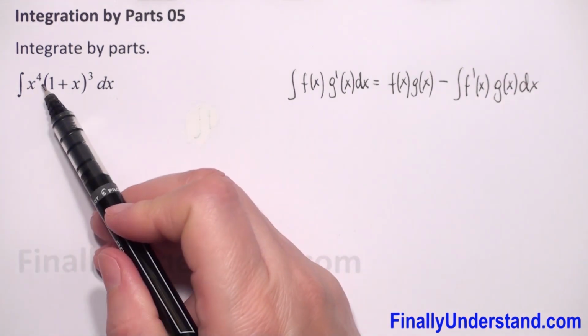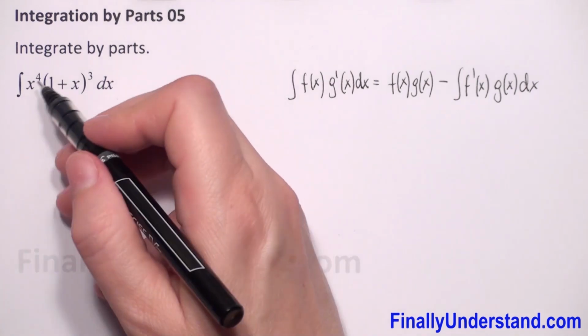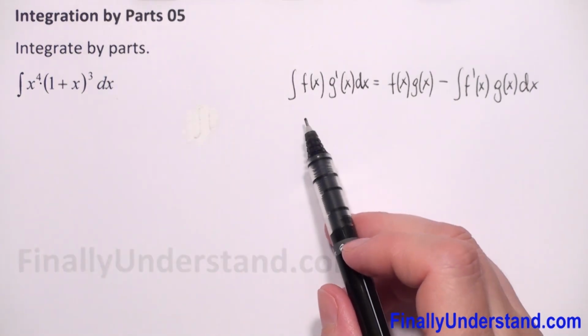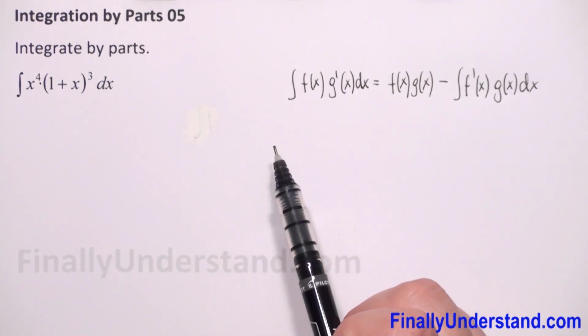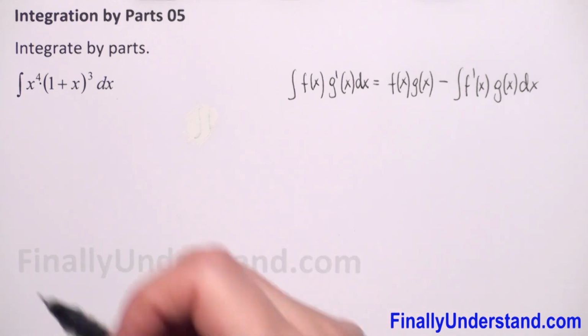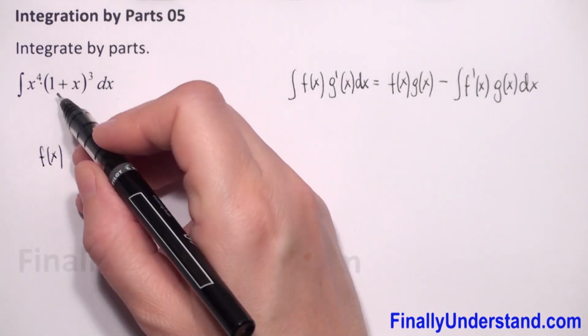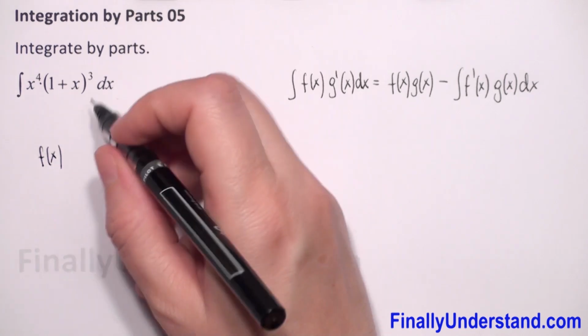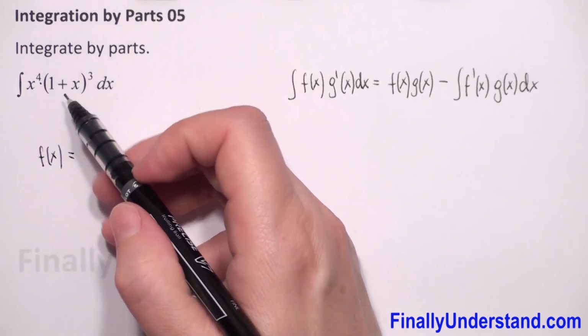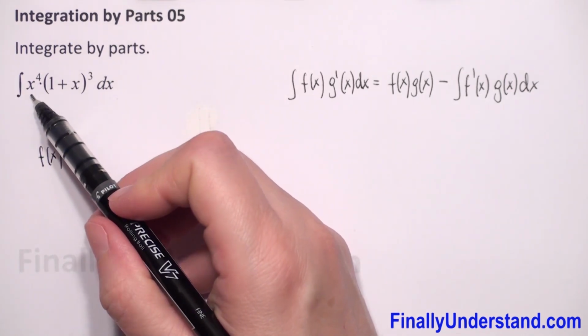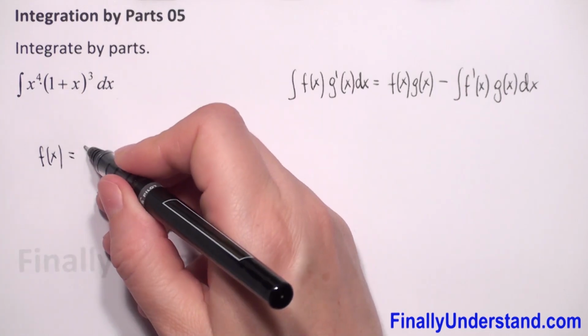We have here multiplication, so we can use this formula. Let's see. First, I will put for f of x, 1 plus x to the 3rd power, because it's more complicated, I think, than x to the 4th power.